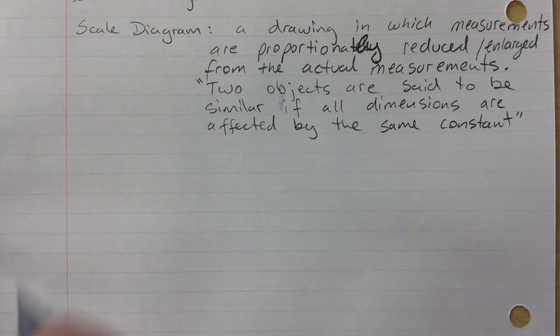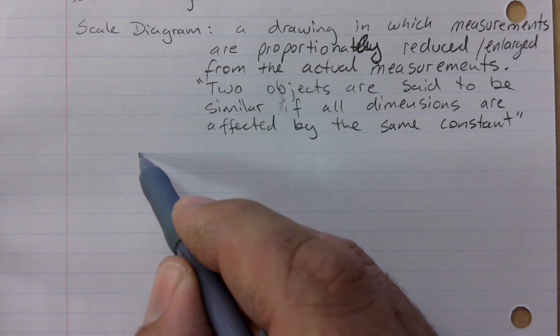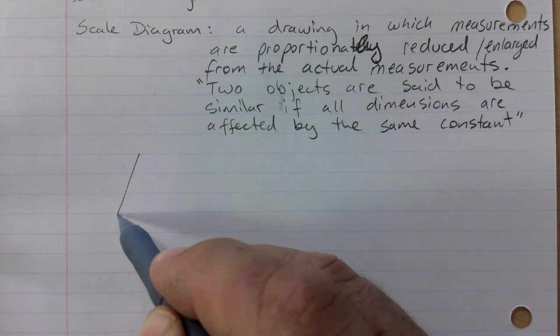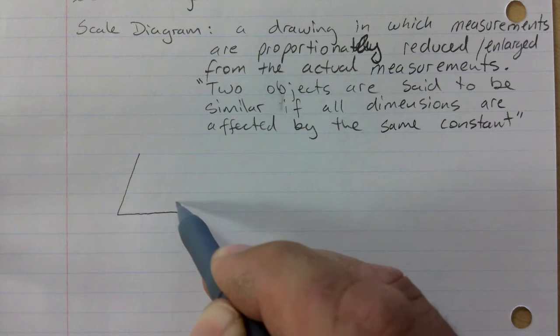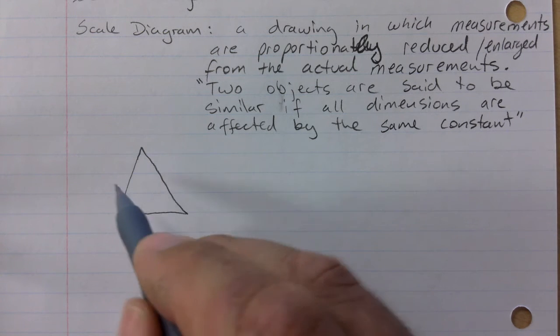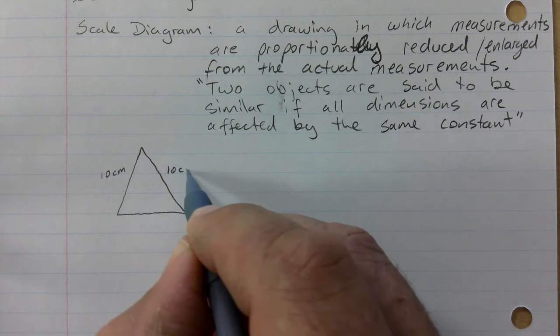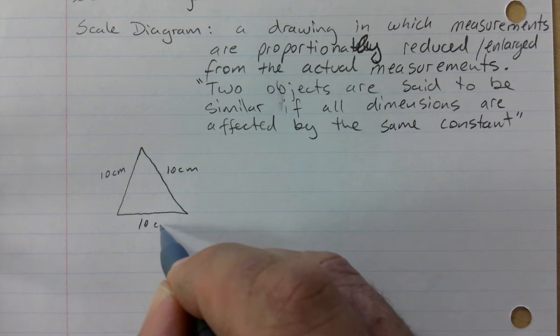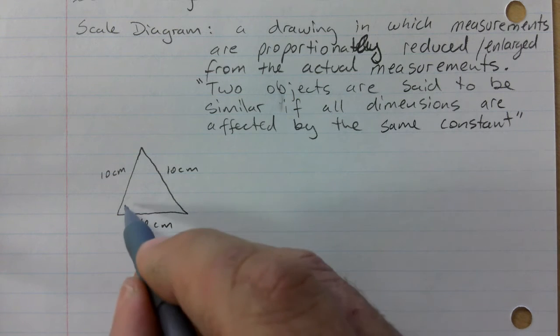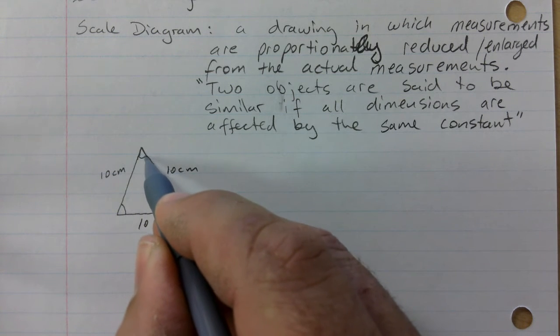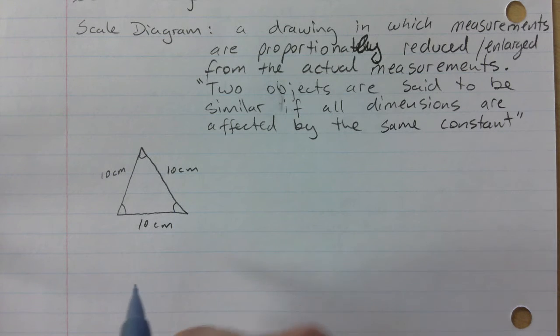Okay, so for example, let's say we have an equilateral triangle. This is 10 centimeters, 10 centimeters, 10 centimeters. Do you remember what all angles in an equilateral triangle will be? All together 180, but each will be 60, right? They'll all be the same.